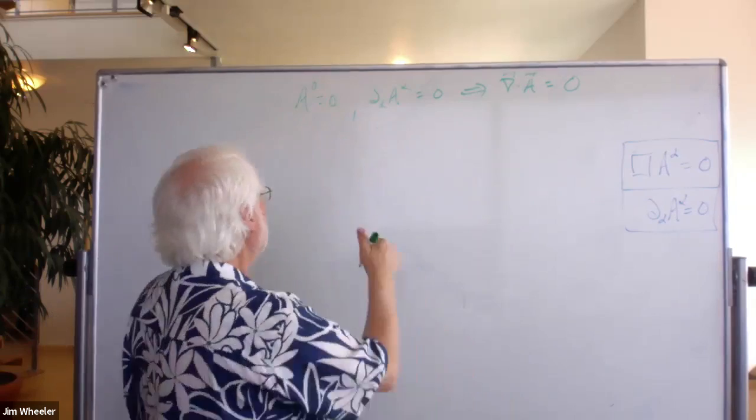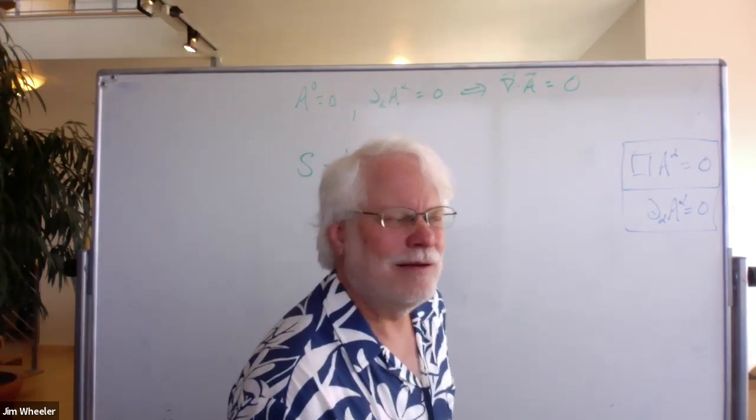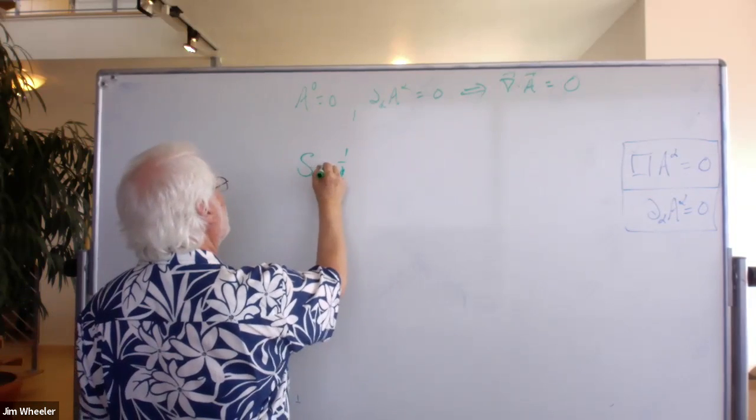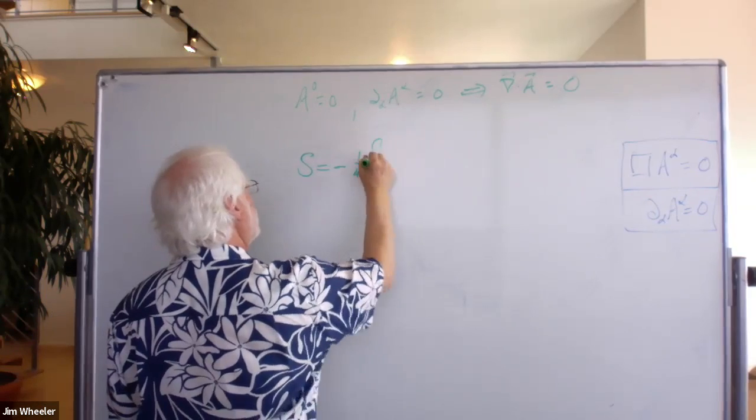So an action is minus a quarter F squared.